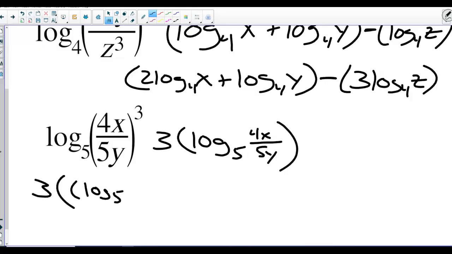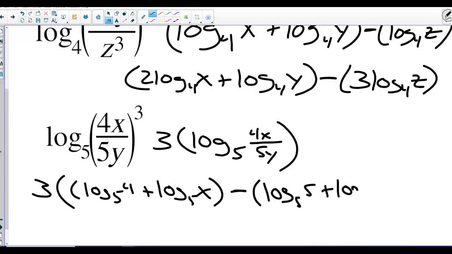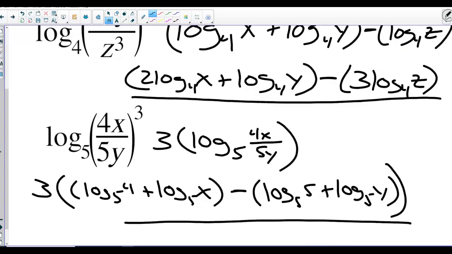Log base 5, 4 plus log base 5 x. That simulates the multiplication in the numerator. Minus, because we're dividing, log base 5, 5 plus log base 5 y. Okay? That right there is the answer. So here's my answer up here. Here's my answer down here.